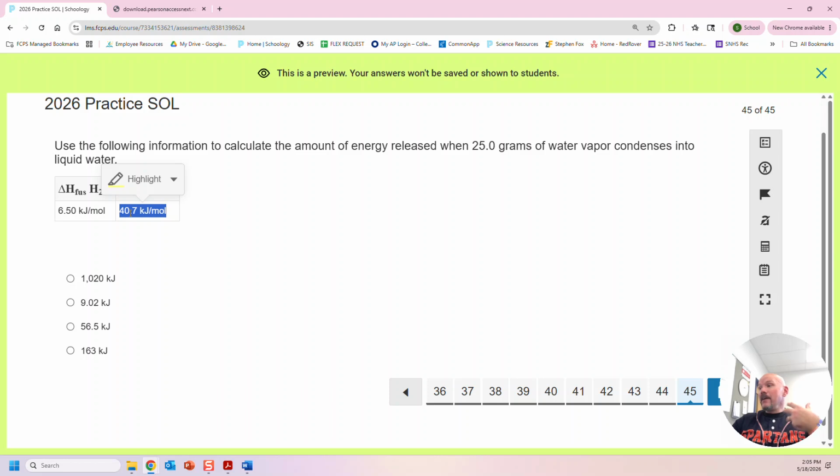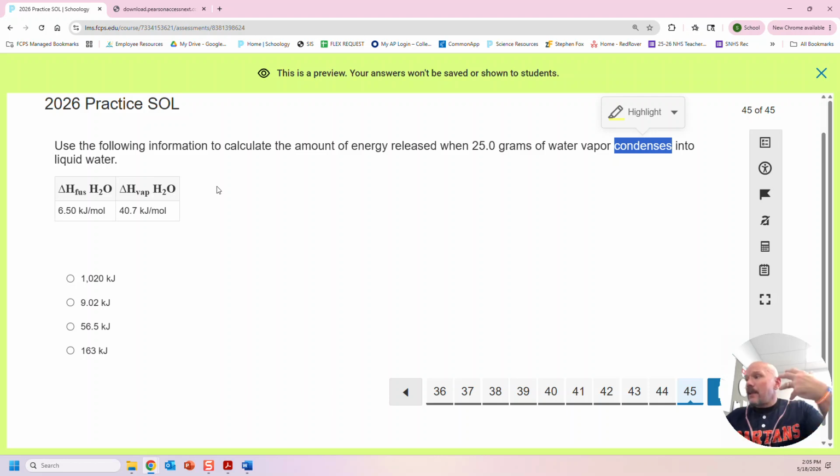It's negative if it's condensing because it releases that same amount of energy. Positive if we're talking about melting, negative if we're talking about freezing. So as soon as I see they're talking about condensation, I know I'm not using this value. This value has no use to me, right? It's only the heat of fusion.